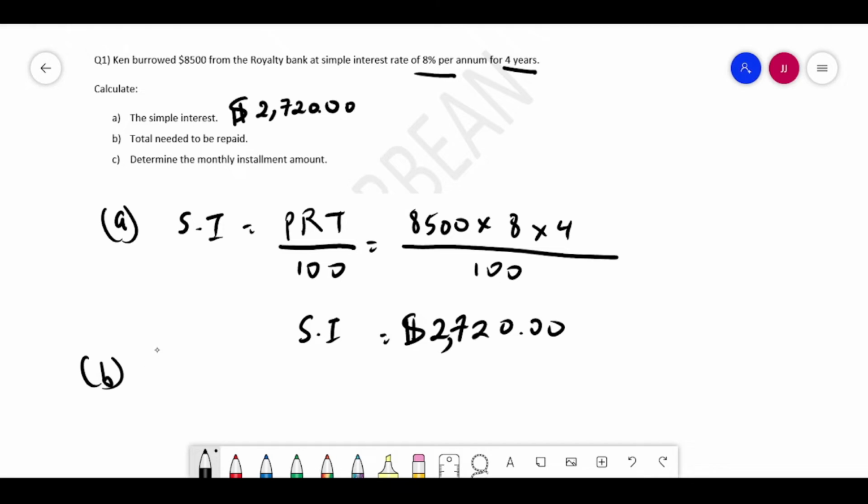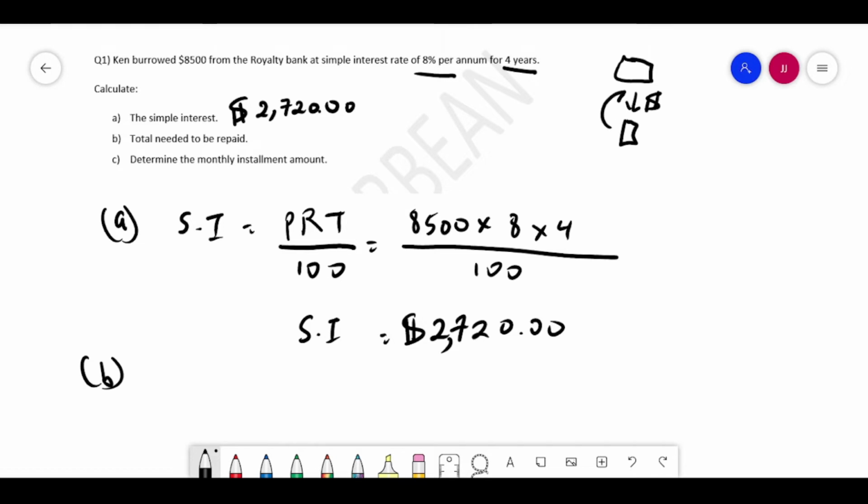Now for part B, the total needed to be repaid. Now, remember what we said. The interest is what you owe to a bank. When you borrow money from a bank, let's say this is the teller here, and this is you. The teller gives you cash that you needed to borrow. But let's say you get to pay that back over a period of some years.